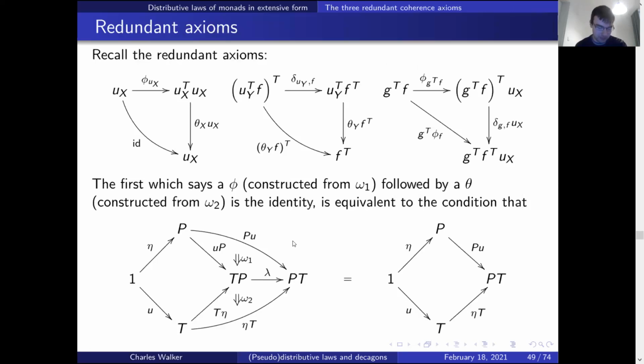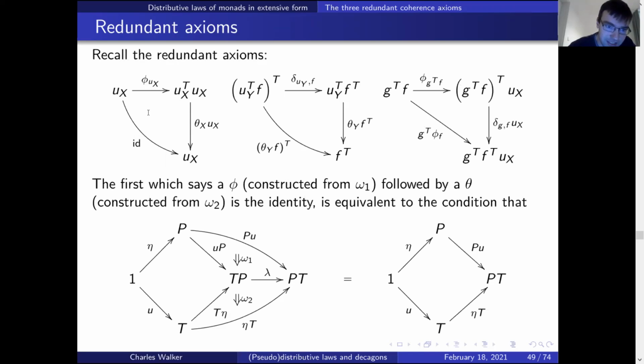Right, so now I'll say a bit about the redundant coherence axioms, where they come from. Let's first recall that for any pseudomonad in extensive form, we naturally get these 3 redundant coherence axioms.